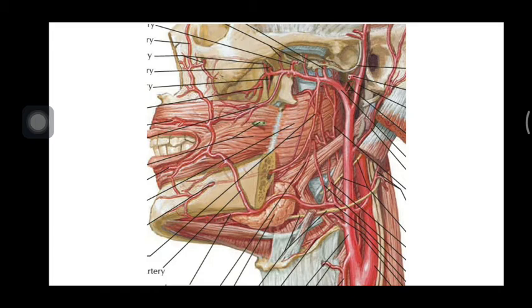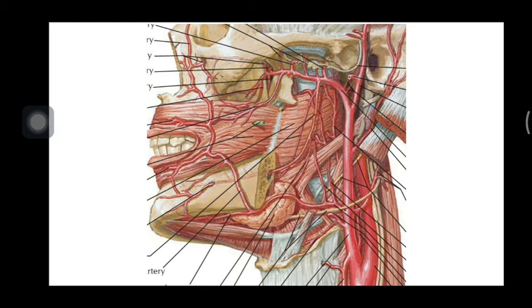Then it anastomoses with the branches of the inferior alveolar arteries and the inferior labial arteries. So this is the inferior alveolar artery and it gives off a submental branch over here.